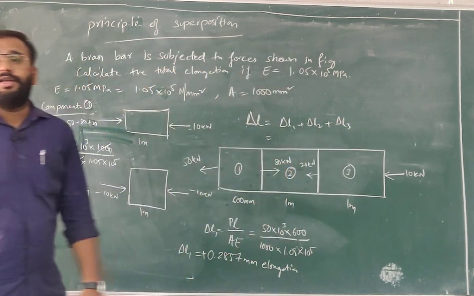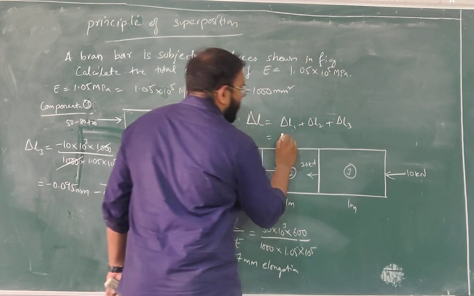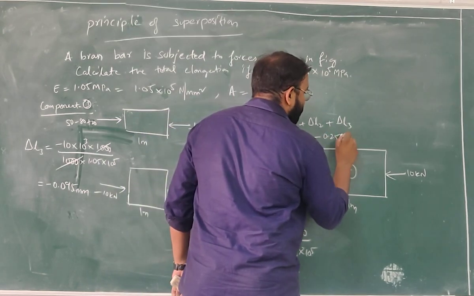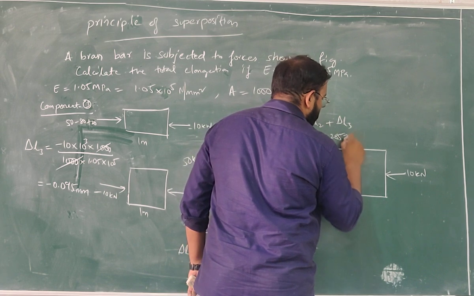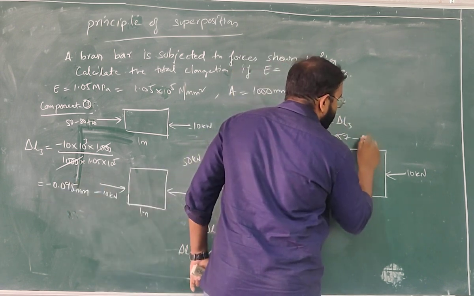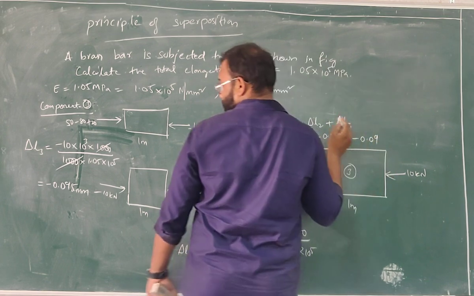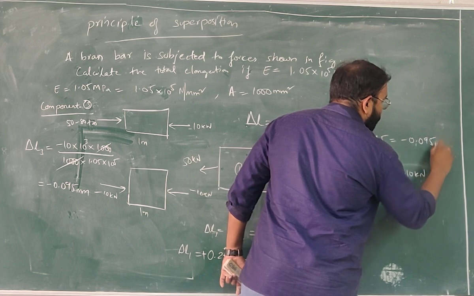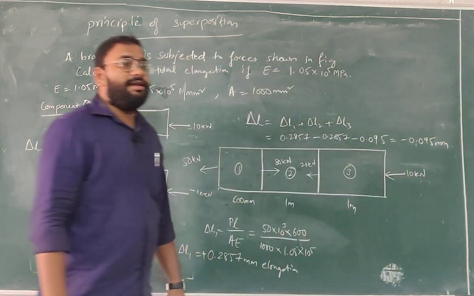Okay, what is delta L1? 0.2857 minus 0.2857, and this is again minus 0.095. So this will be minus 0.095 millimeter. What does this mean?